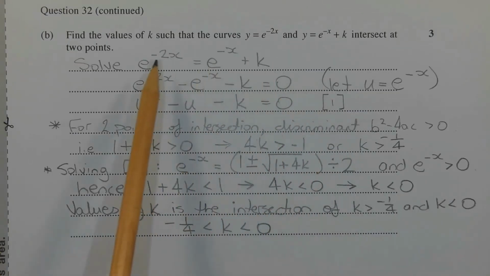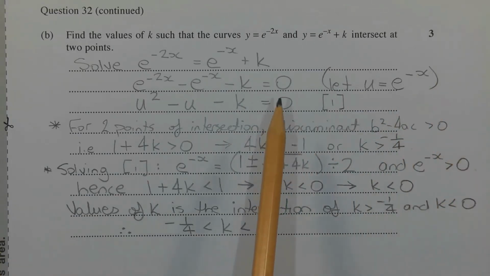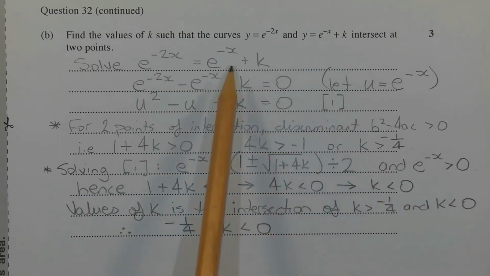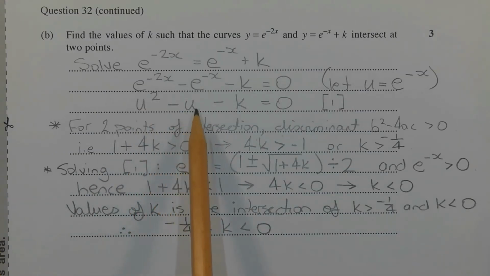Now this is an equation which is in the form of a reducible quadratic equation. And if we let u equal e to the power of negative x, we can reform this equation so it looks like a quadratic equation. So expressing this equation in terms of u, we have u squared minus u minus k equals 0. We'll call that equation number 1.